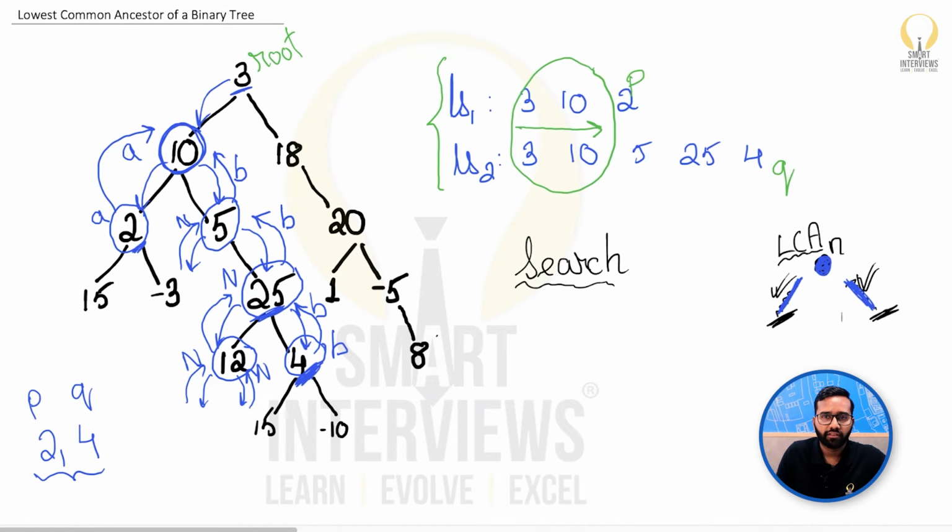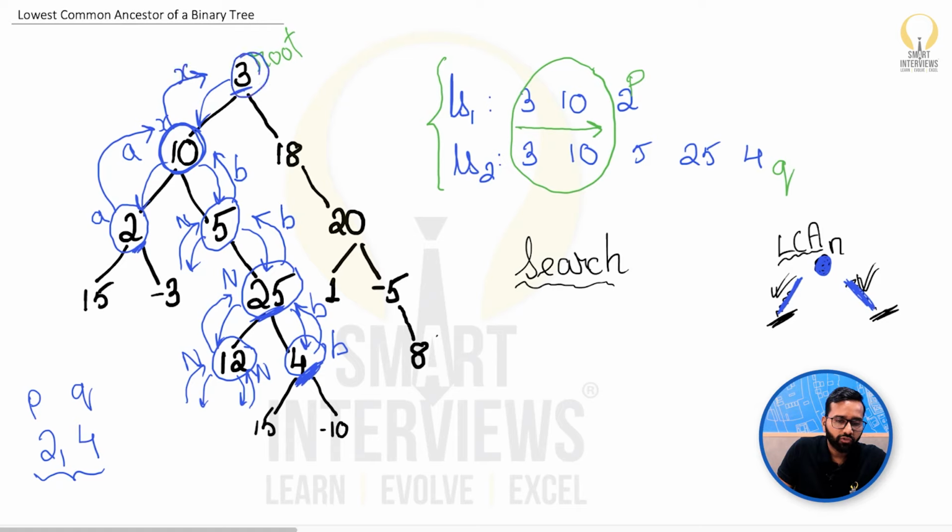That's exactly where we are. So on the left side we have found A, and on the right side we have found B. So this becomes the LCA. So from here we'll return 10 itself. Let's say this node is X. So from here we are returning X.